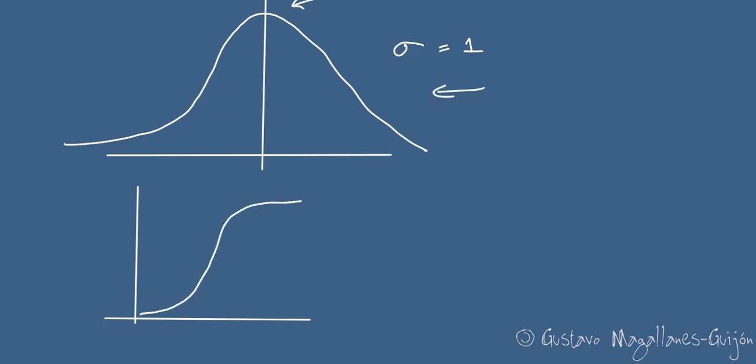With a normal distribution, you have the probability of the intensity.